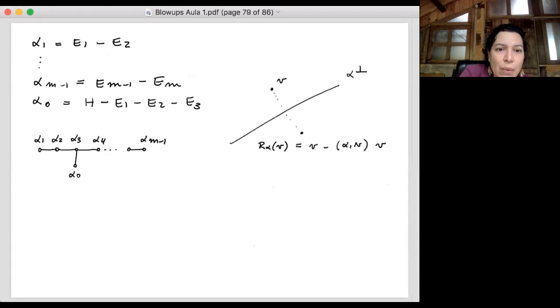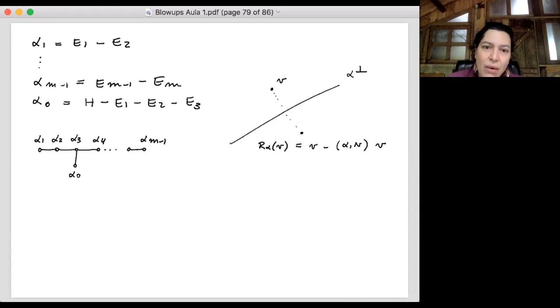And now for each one of the roots alpha, I will consider the reflection around alpha. So if I draw alpha, it defines a hyperplane, and I reflect with respect to this hyperplane. This can be given in linear algebra by this formula. The reflection of v is v minus (v intersect alpha) times alpha.